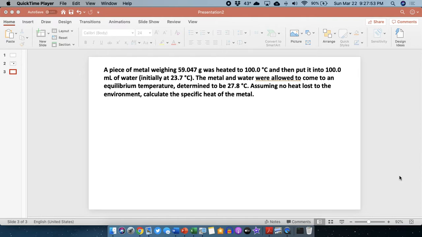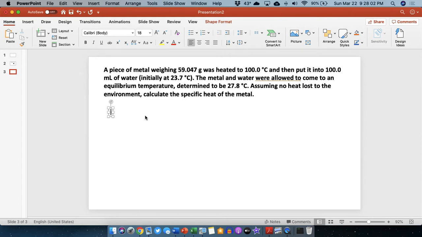All right? Again, first step, write down everything you know. So what I'm going to do first of all is write down what I know about the metal. All right? So the metal, I know I have a mass of 59.047 grams. The unit looks good.